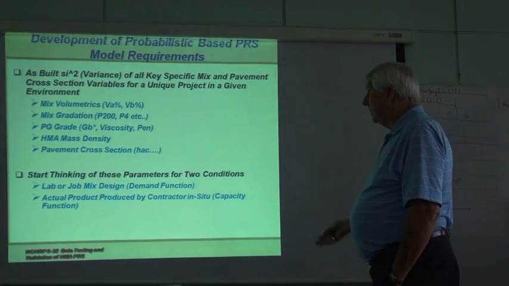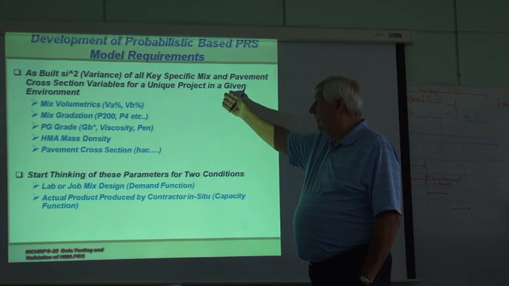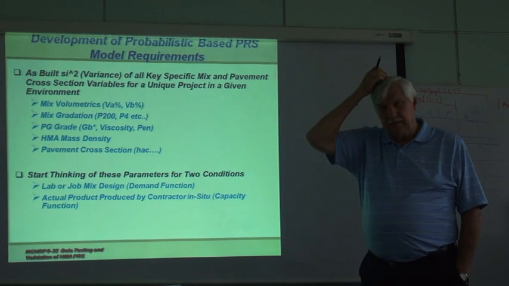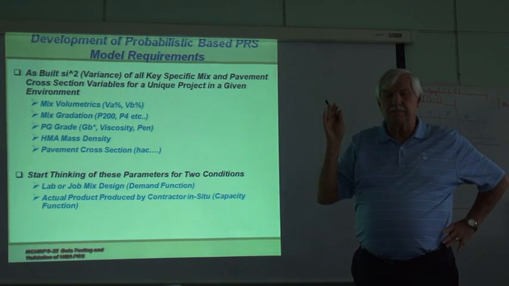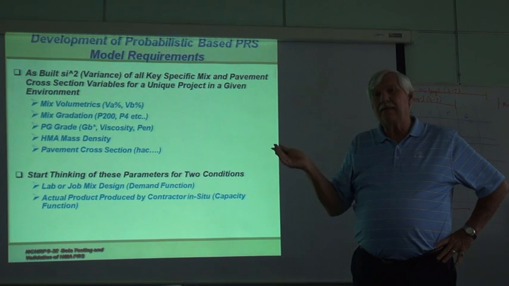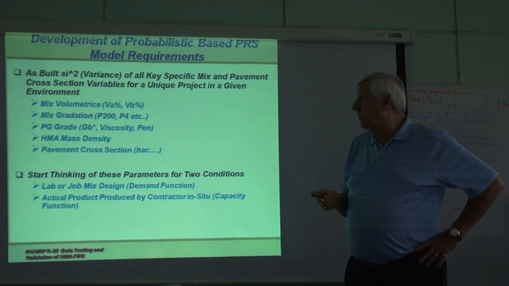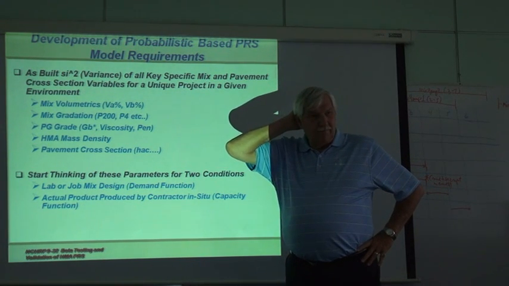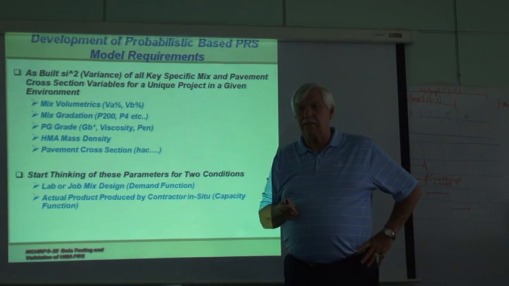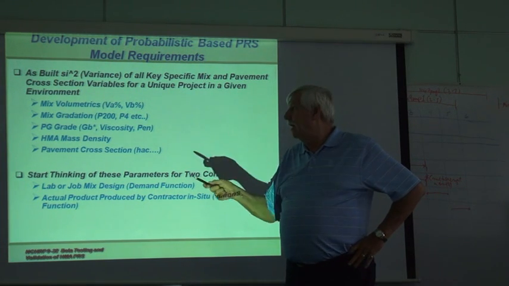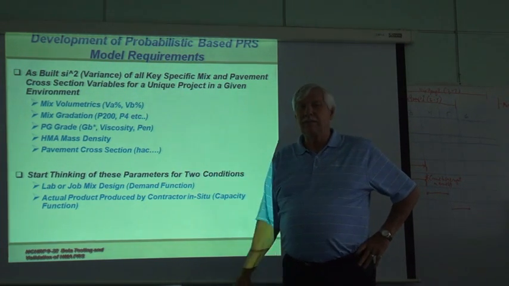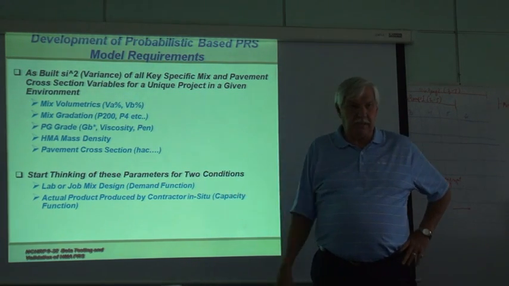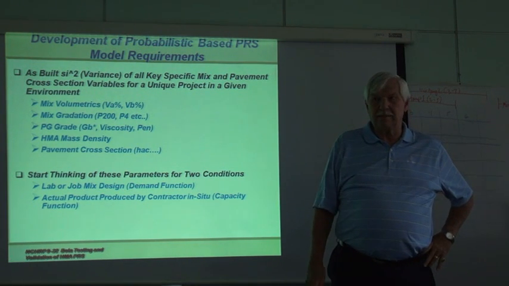Okay, like I said before, the as-built variances, the key specific things. You see, all of these are what is used in the PRS model, and this is another key thing to see. What you're going to be interested in is the mixed volume metrics: the variability of the asphalt content, the variability of the air voids in place, the variability of the gradation, how much your binder is changing during the construction process.